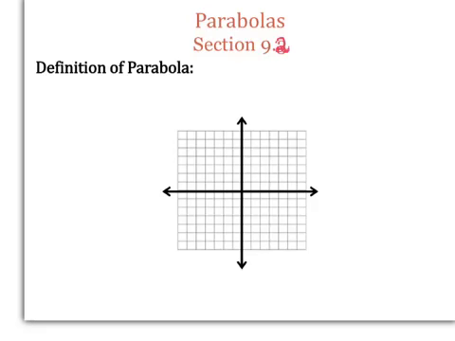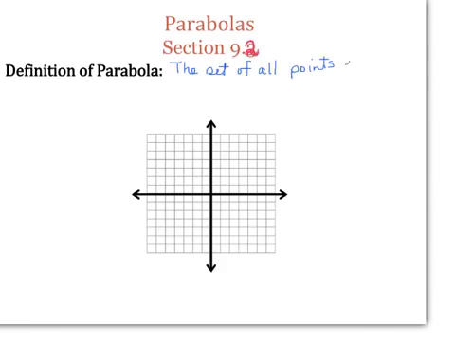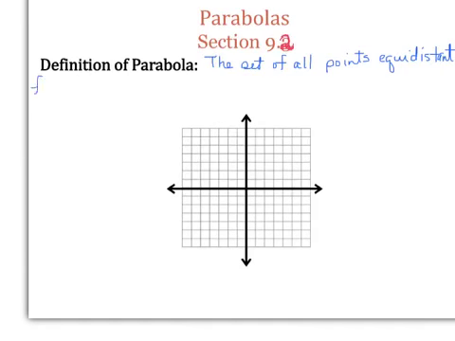The definition of parabola is the set of all points equidistant from a fixed line, which we call a directrix.